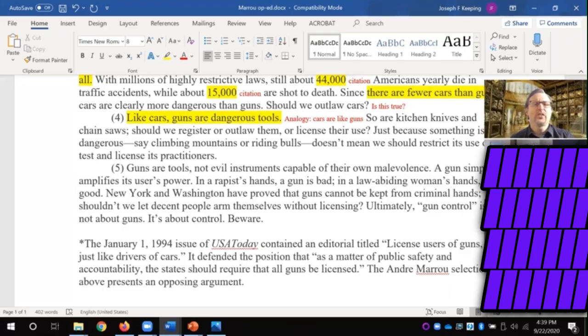But who says that guns are evil instruments capable of their own malevolence? When people say, oh, we need to restrict gun use and run background tests before we give people a license to carry a gun, why? Because guns are evil instruments capable of their own malevolence? Is that the answer that people give?